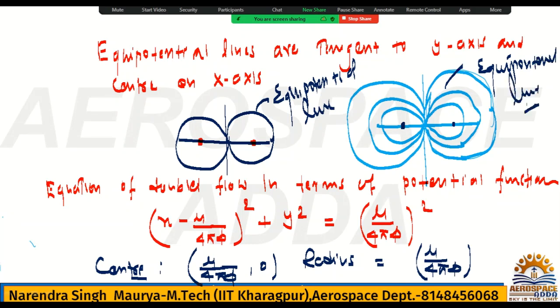Done. So this was enough information for the doublet flow. Now I'll show one table. Till now what I have explained was related to elementary flow: doublet, vortex and uniform flow, source and sink.